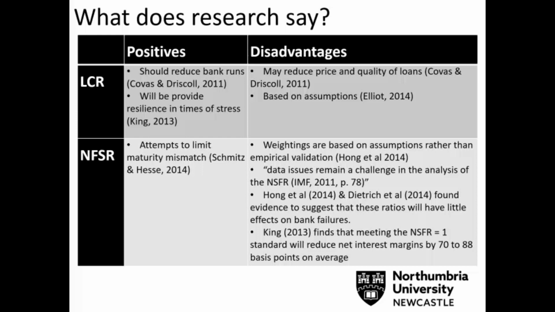These papers were selected mainly because they were written at the time of implementation, to see what the immediate response from academic literature would be, and academia's thoughts on these requirements before or as they're starting to be rolled out in the real world. So you might look at these potential advantages and disadvantages and then conduct your own research in 2021 onwards to see what authors now believe regarding both of these ratios.